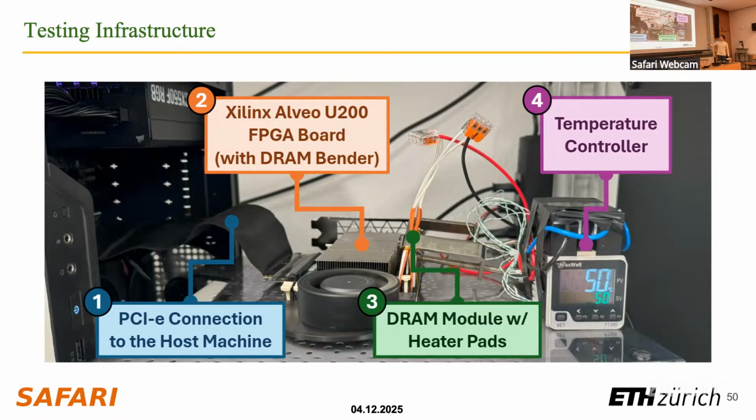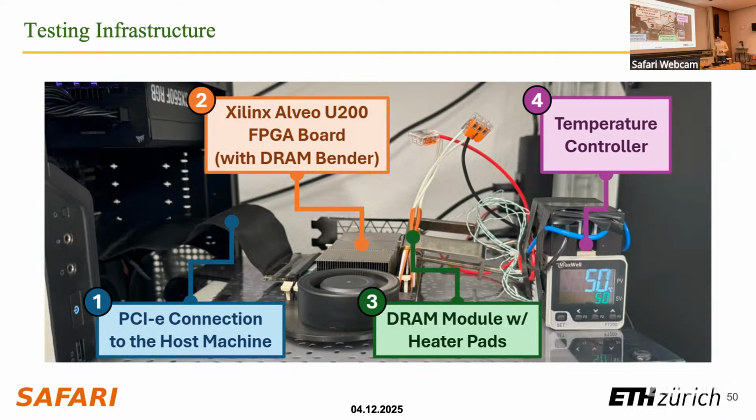On this FPGA board, you have your DRAM module, and the FPGA board is loaded with DRAM Bender, which is a software or FPGA programming also developed by the Safari group, and it gives you very, very fine-grained control over what happens on the DRAM, what commands are being sent. Otherwise, this would not be possible. If you plugged your DRAM into your regular old computer, it would be a lot harder to get this effect, to violate the timings.